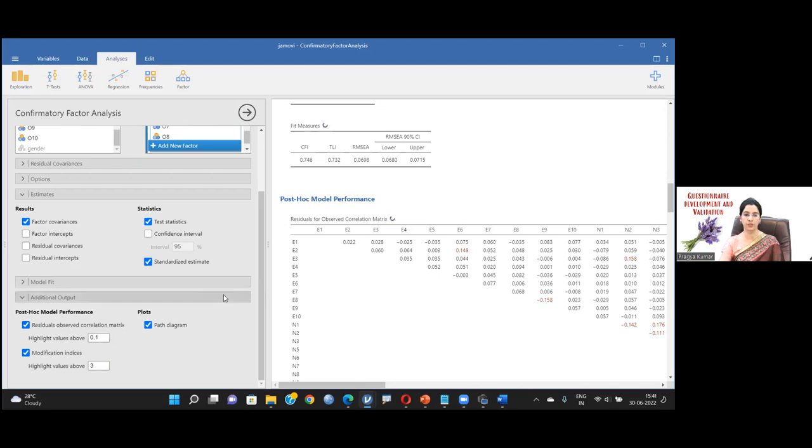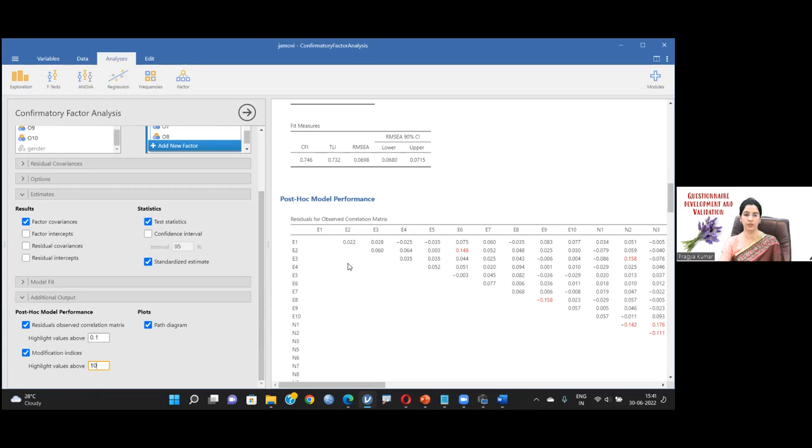This residual observed correlation matrix, I have kept this value as 10 here because by default you keep this value as 10. And this residual observed correlation matrix means you take the correlation. Can you recall that residual? In logistic regression or in chi-square, whatever was the expected and whatever is the observed, the difference between the expected and observed, we call it a residual.